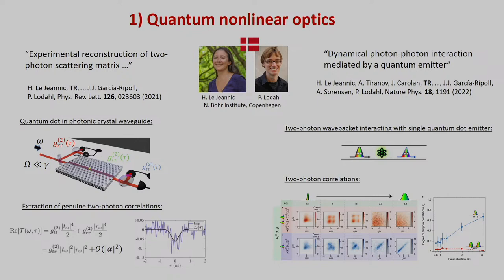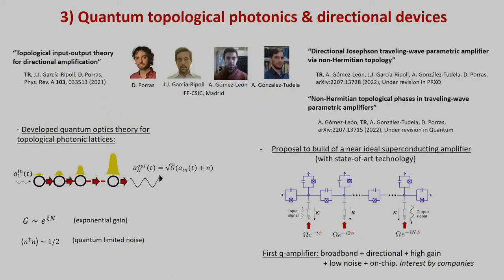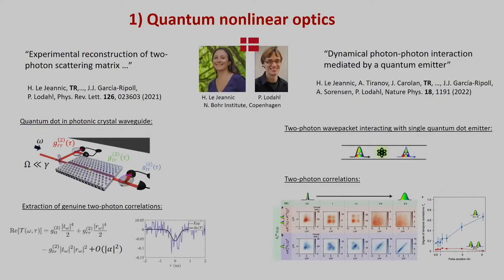We could, for the first time, extract genuine two-photon correlations from the quantum dot coupled to one or two photons.